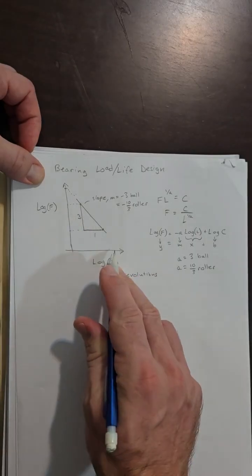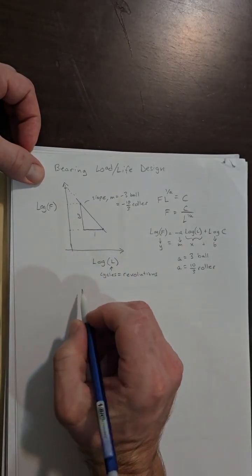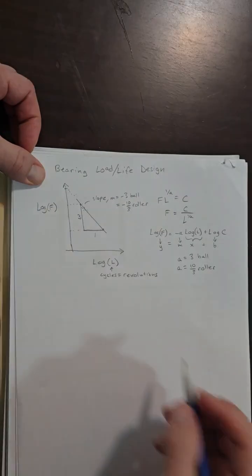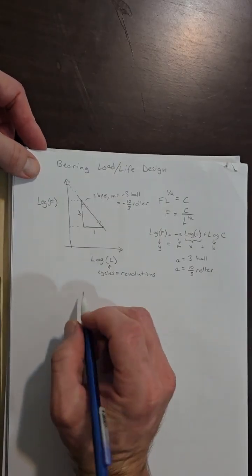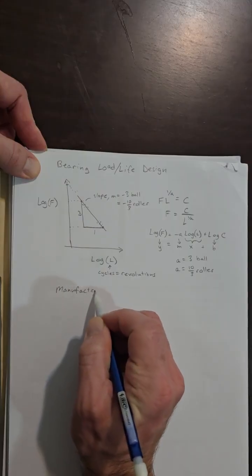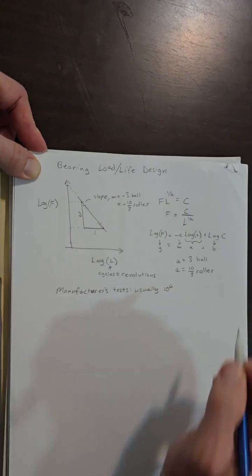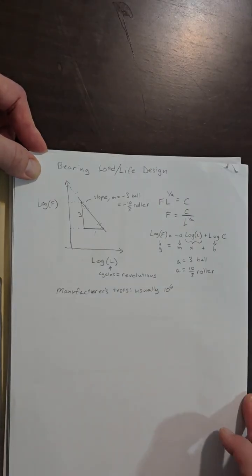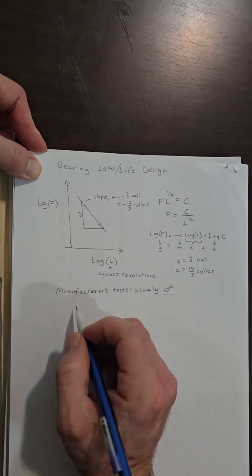Now this data collection is performed by manufacturers of bearings, and they usually report a value from their test data. They do tests at high loads, tests at low loads, find that line, and then they report the result of those tests, which is usually the value of expected load where 10% of the bearings fail at 10⁶ revolutions.